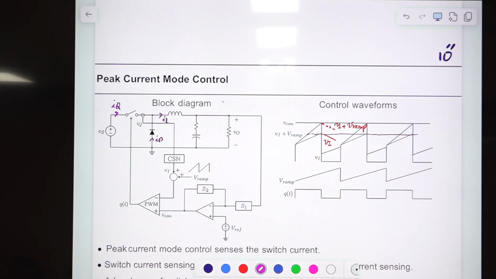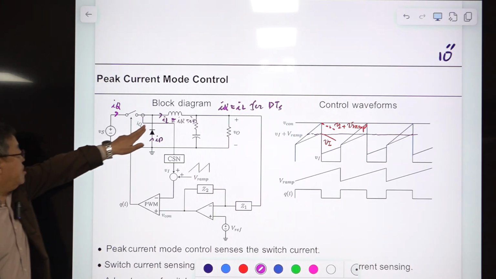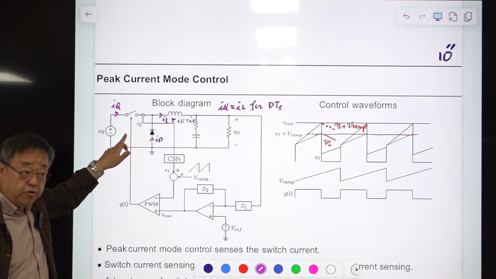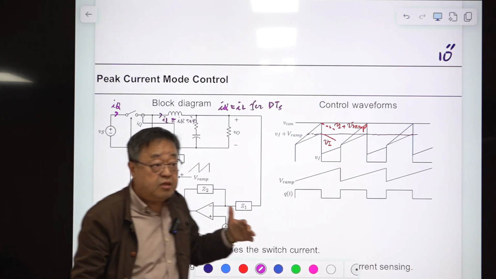The inductor current is IQ plus ID, or IQ is the same as IL for the on-time period. So you are not using the inductor current, you are using this switch current. There is a good reason for this.